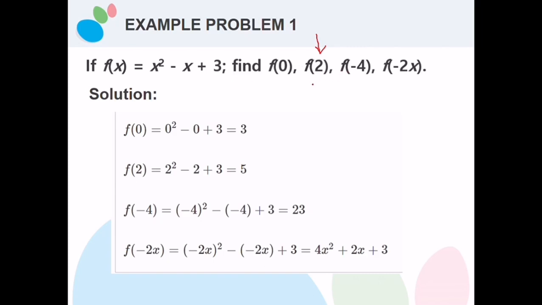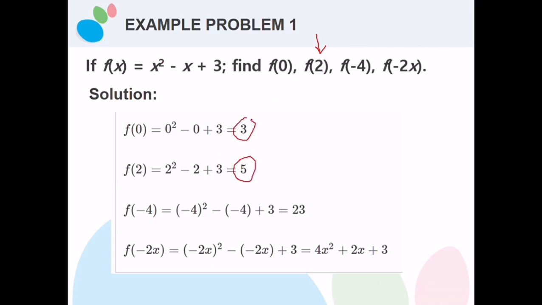Again, the same method as the first one: all the x will be substituted with positive 2. So in here, f of 2, our x squared will become 2 squared minus 2 plus 3. So just substitute all the values of x, which is 2. Our answer would be 5.